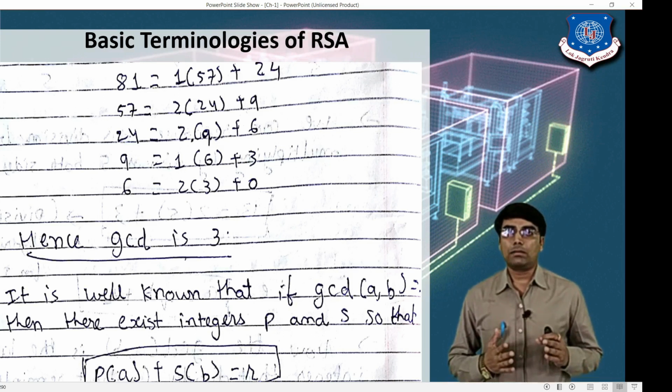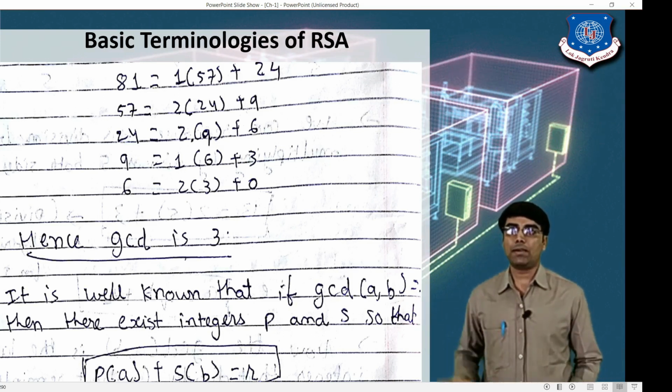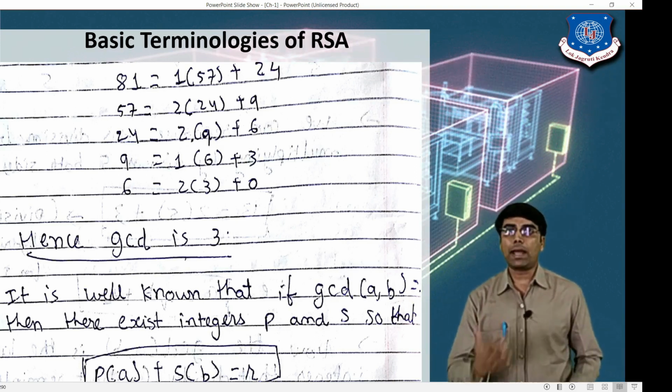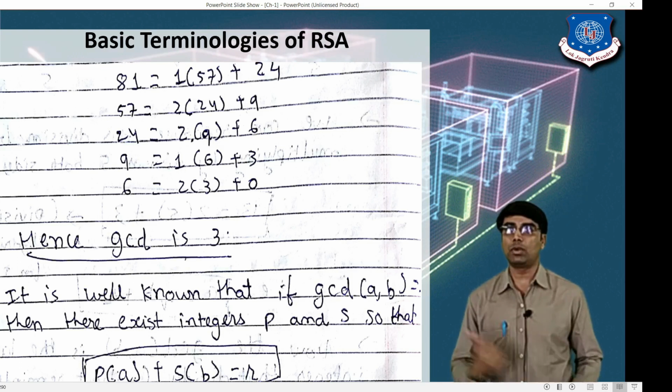Find how many times 24 goes into 57: 2 times 24 is 48, and 48 plus 9 is 57.